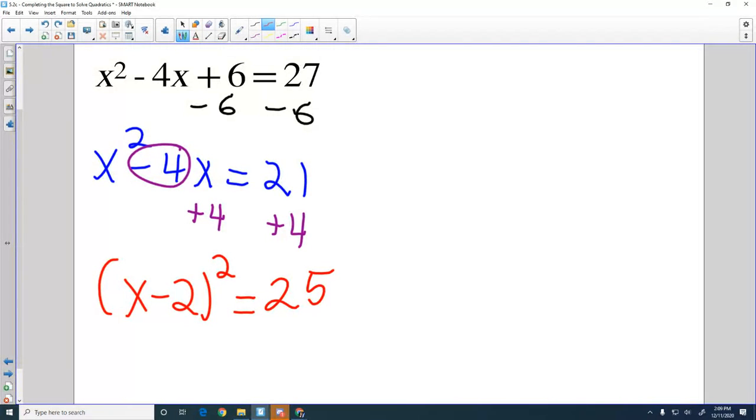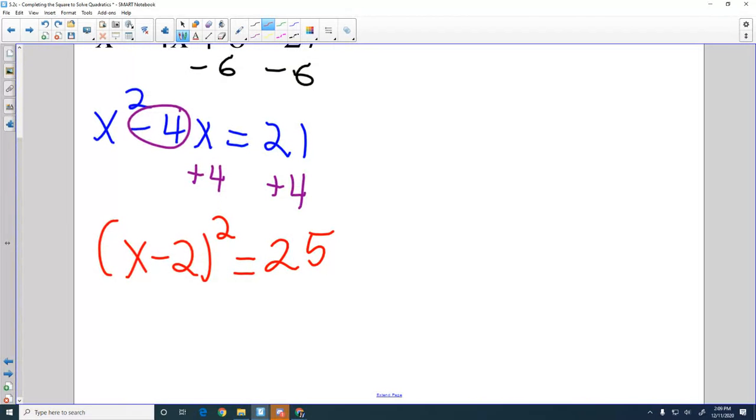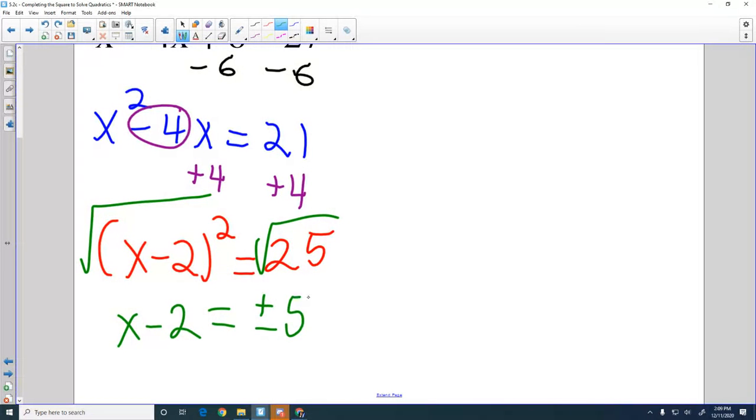There's just a single x on the left. Let's get that x all by itself. Got to get rid of that square, so we square root both sides. That leaves us with x minus 2 equals plus or minus 5. He's got the plus or minus already. That is awesome. That's exactly what I wanted you to be able to do.